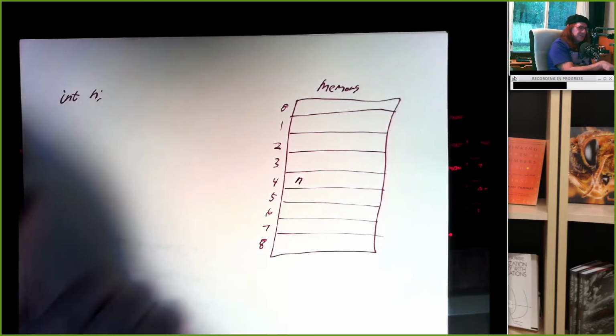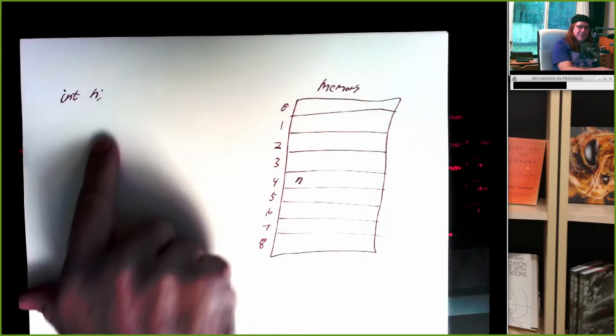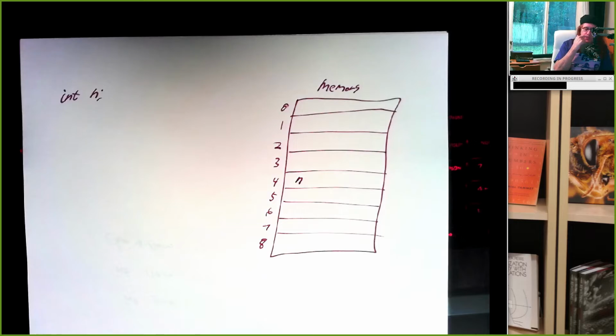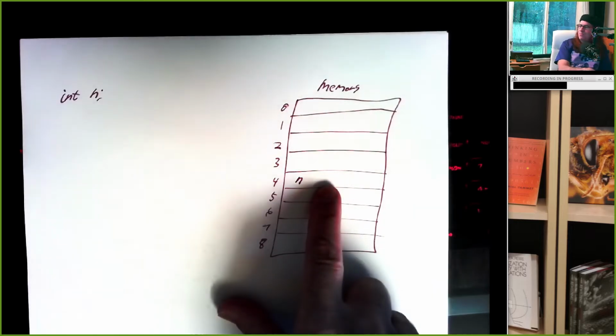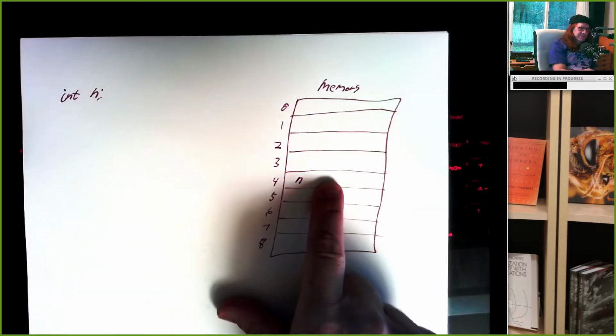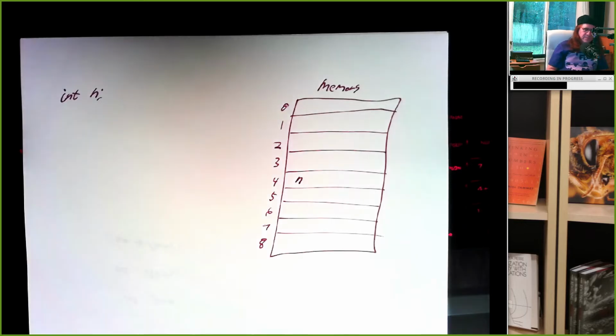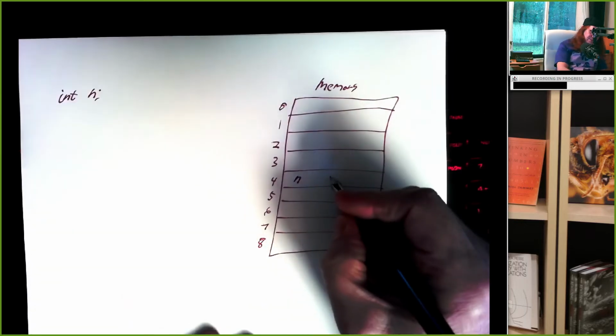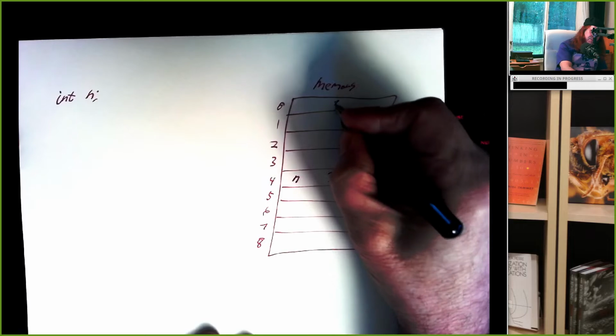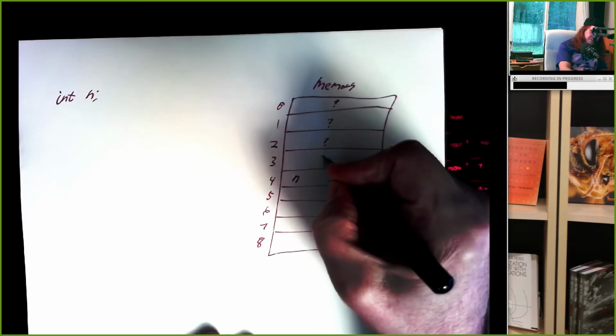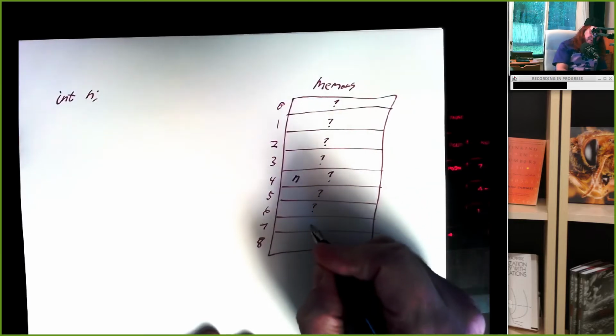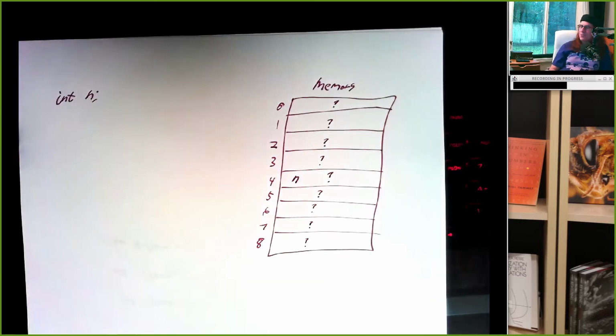The programmer has an integer called n. The CPU knows about a location in memory with address 4. And what's in that location? Well, I have no idea. We don't know what's in any of these locations in memory, because memory is just kind of uninitialized.